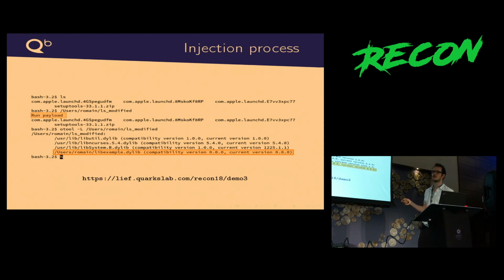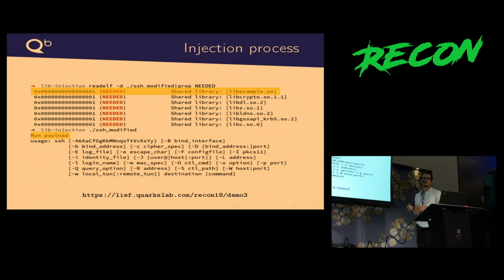So here is a new dependency that has been added by LIEF. In the same way for the ELF file, I can see that in the new SSH program I have the new libexample.so dependency, and now if I run SSH, I have the run payload printed before the normal execution. And I'm not using root, I'm just a normal user, and the loader does the injection.